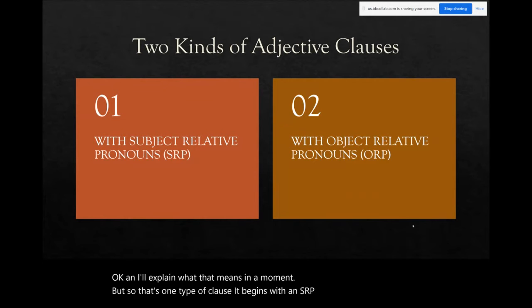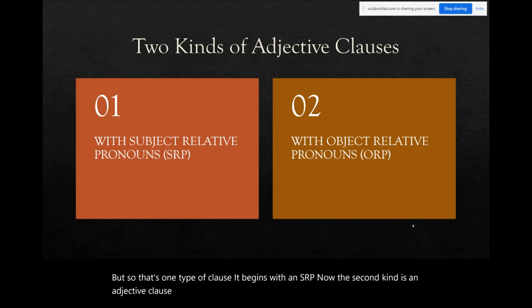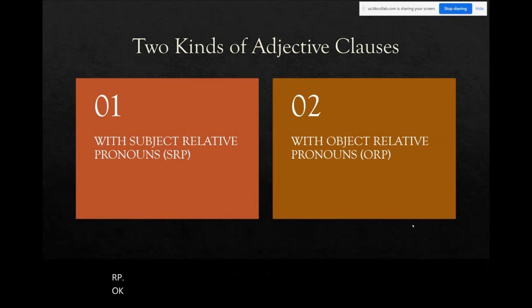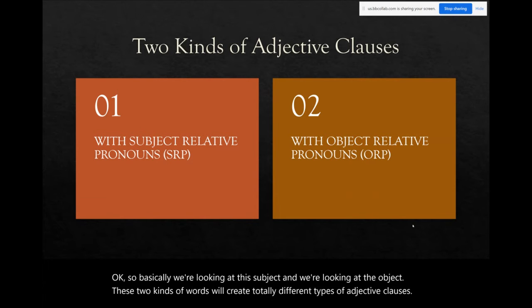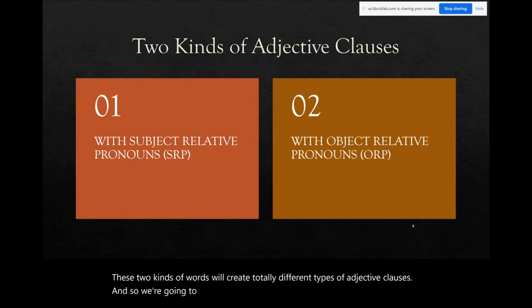Now the second kind is an adjective clause that starts with an object relative pronoun, or we could say ORP. Okay, so basically we're looking at the subject and we're looking at the object. These two kinds of words will create totally different types of adjective clauses. And so we're going to begin with the SRP ones.